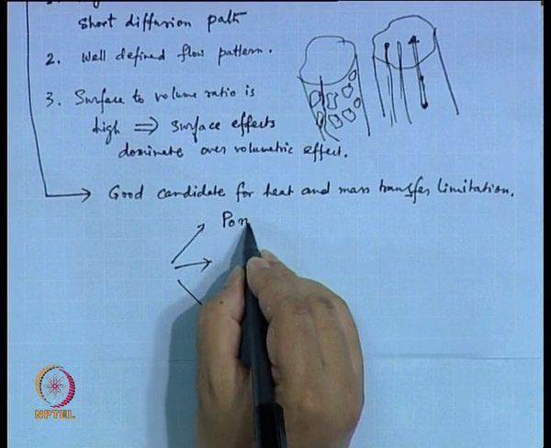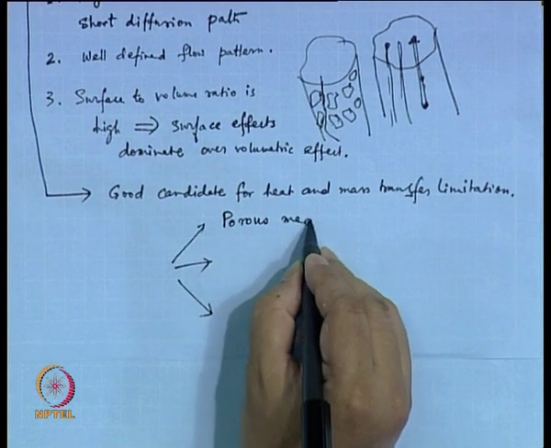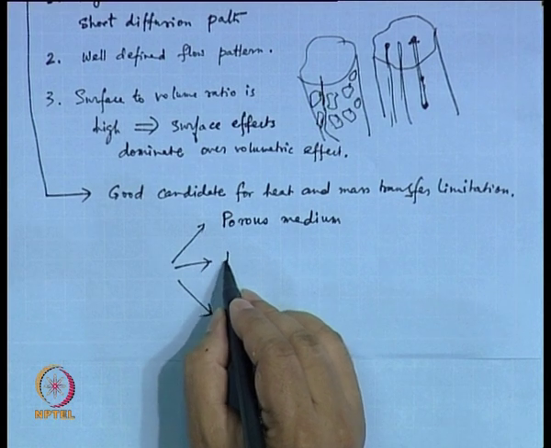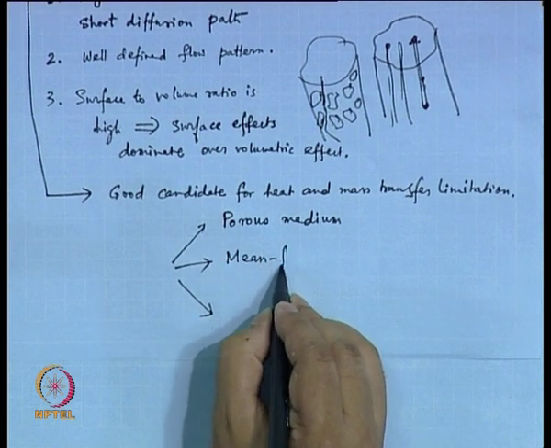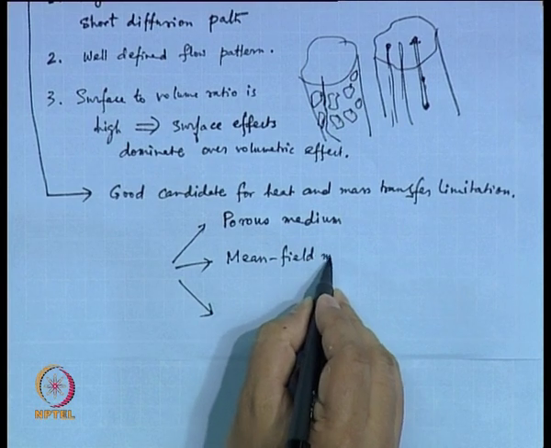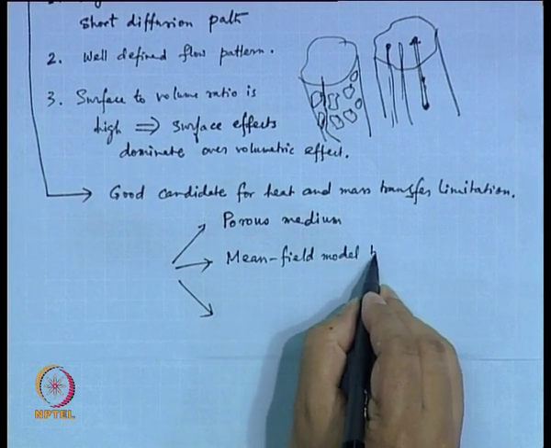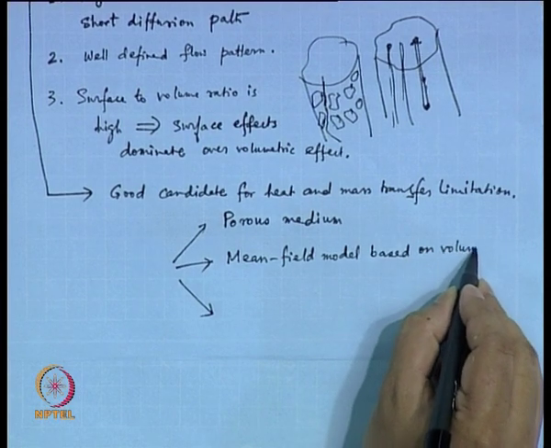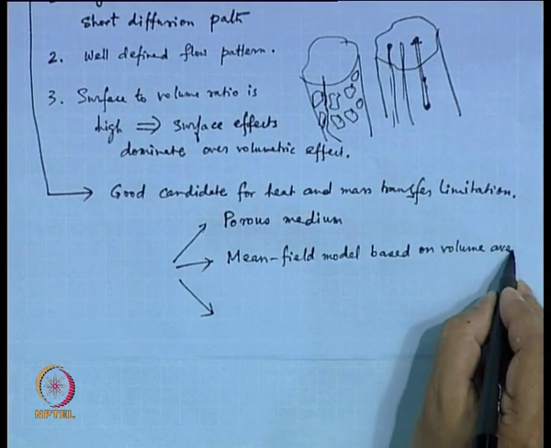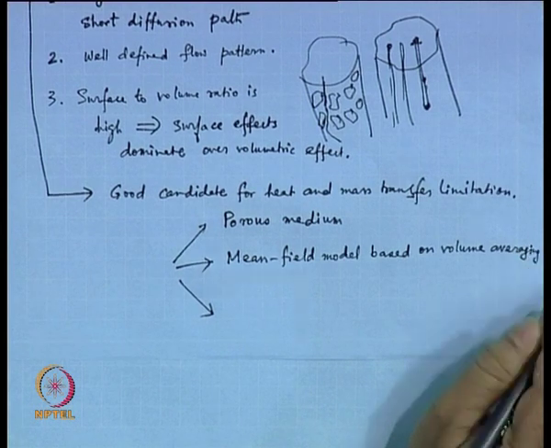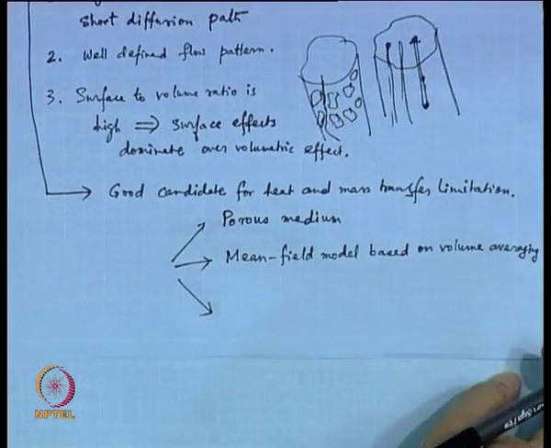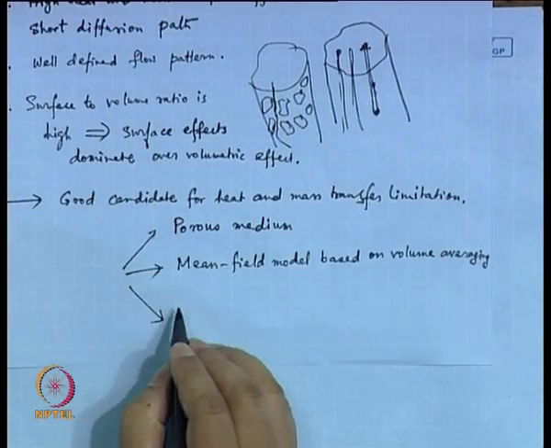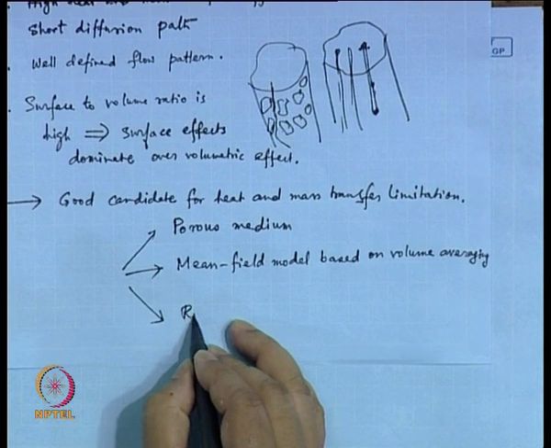One is to treat this microstructured reactor as a porous medium. Second is to use something called a mean field model based on volume averaging, and the third is the rigorous approach.